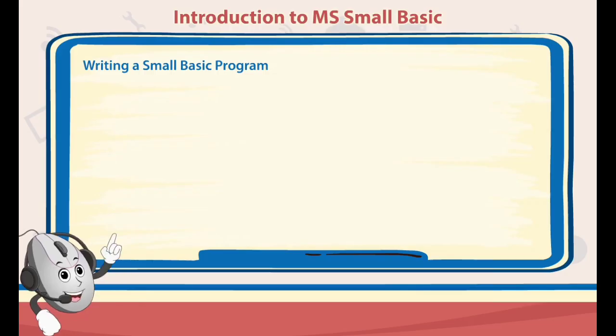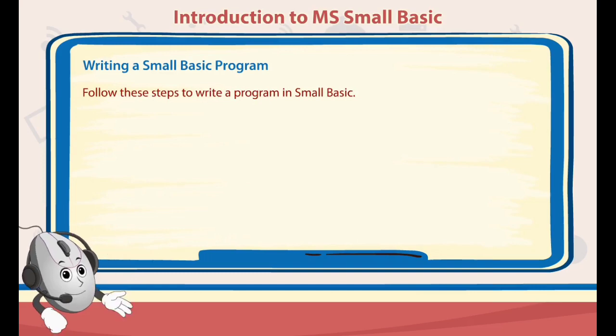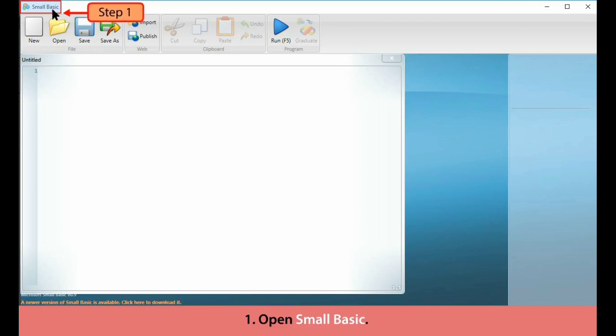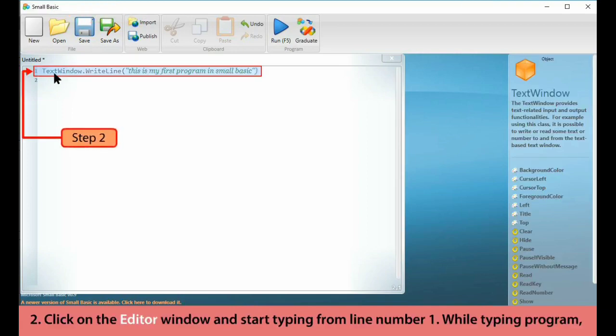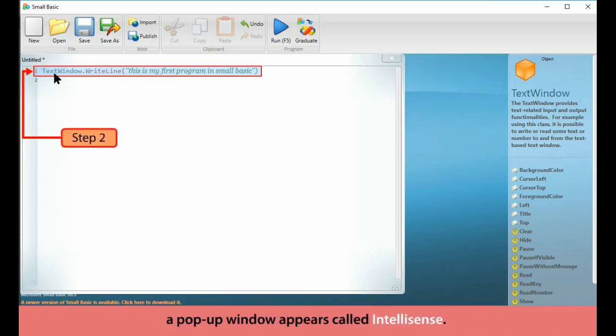Writing a Small Basic program. Follow these steps to write a program in Small Basic. 1. Open Small Basic. 2. Click on the editor window and start typing from line number 1. While typing the program, a pop-up window called IntelliSense appears.